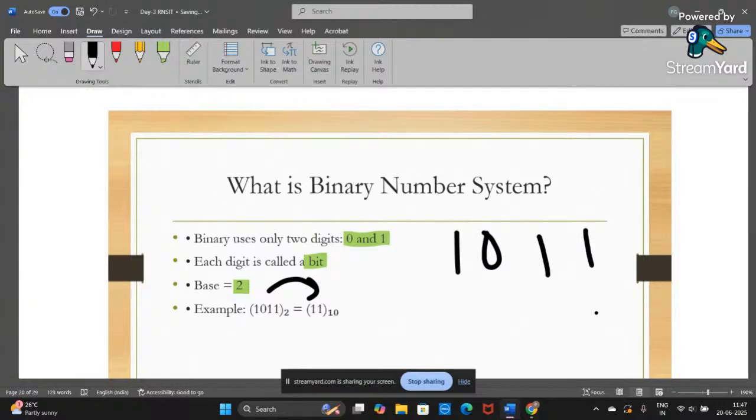So take this number: 2 power 0, the place value, into 1. Then 2 power 1 into 1.